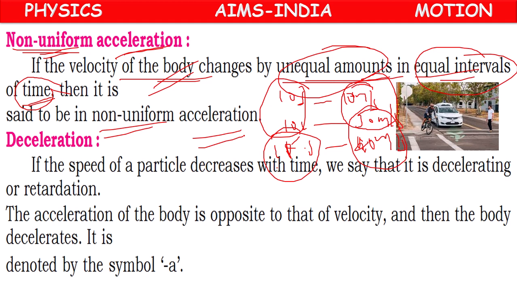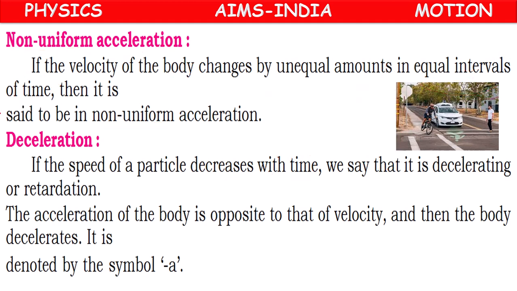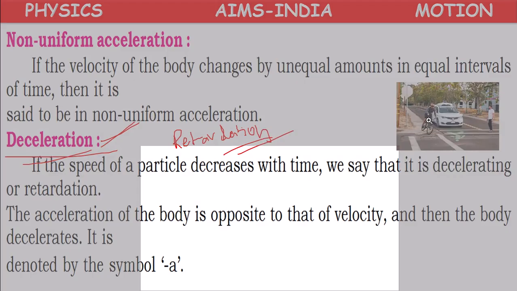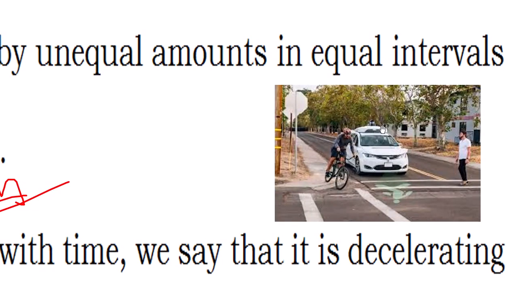Non-uniform acceleration. We also have a word called deceleration, or it is also called retardation. R-E-T-A-R-D-A-T-I-O-N. Retardation. Means suppose we are going in a car.